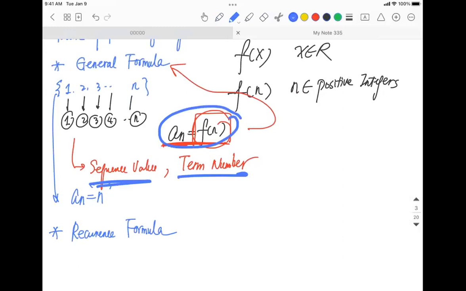Well, sometimes in some sequences, it is very difficult to determine the general formula. However, alternatively, I can find out the relationship between certain adjacent terms. Let me give you an example.